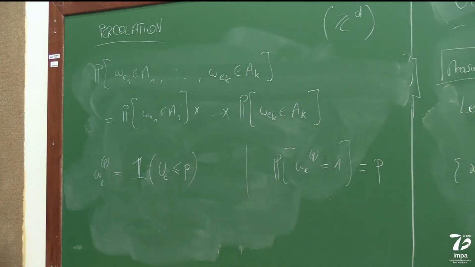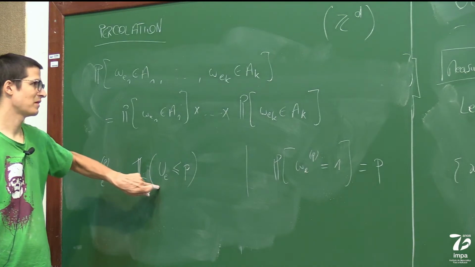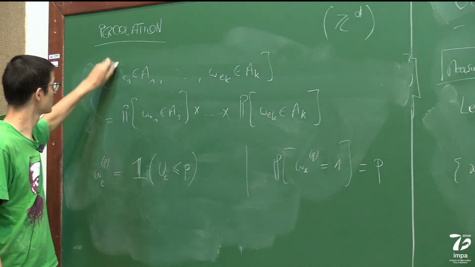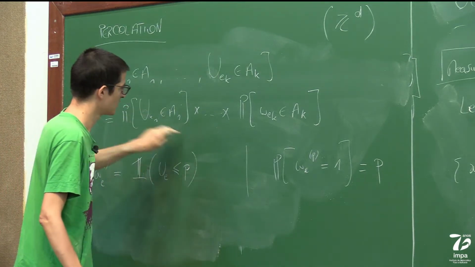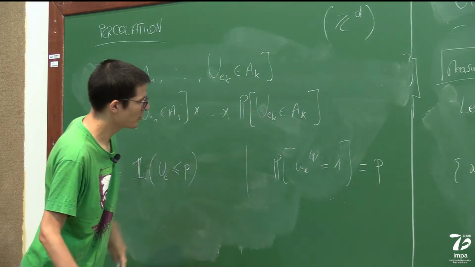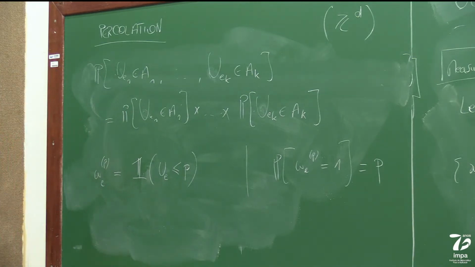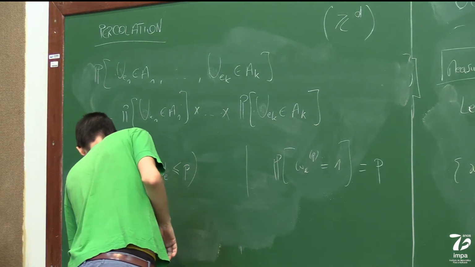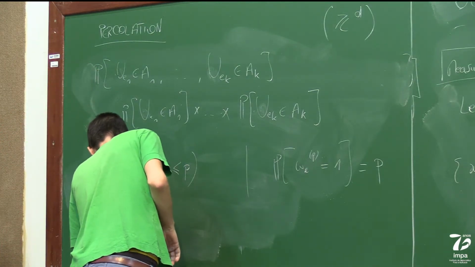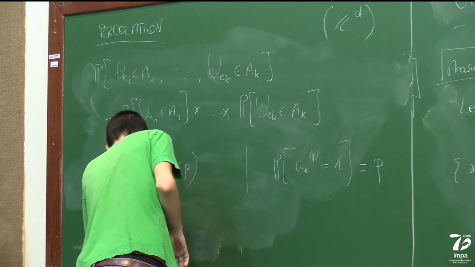Also that these variables are independent. Okay, I should have written U here, sorry. So the independence for omega p is just inherited from the independence for U. And also by definition, we have that omega p(e) is smaller than omega p prime(e).